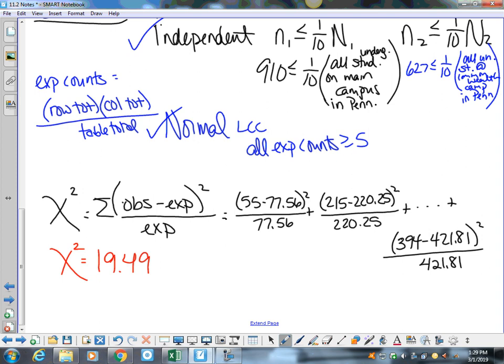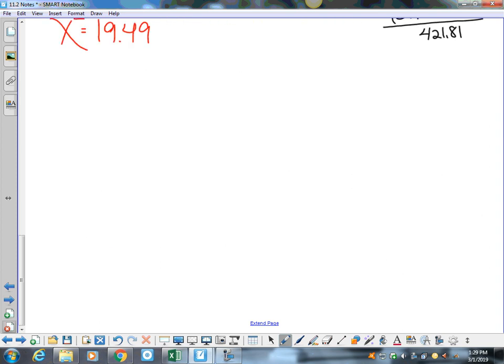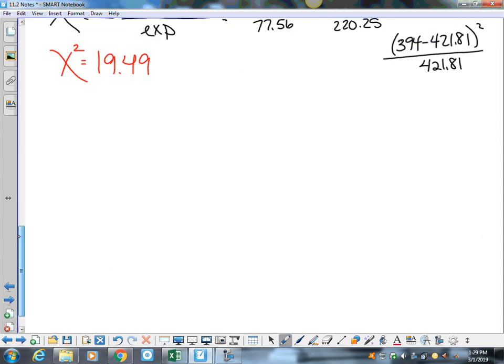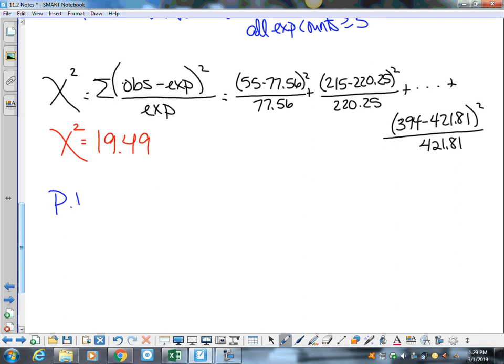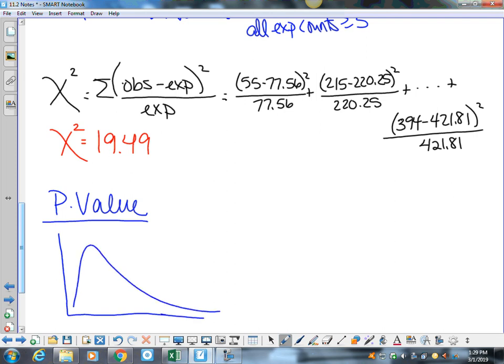P-value. 0.49. Can go from 19.490. Degrees of freedom. Remember, don't forget. I don't remember the formula. It's number of rows.